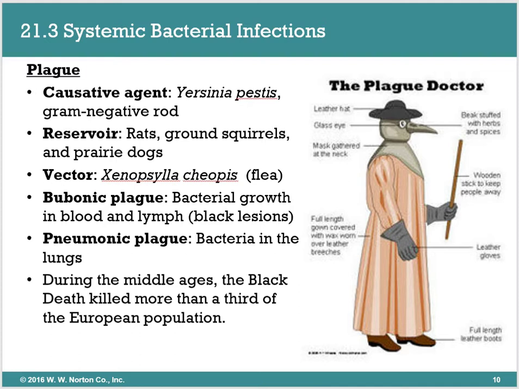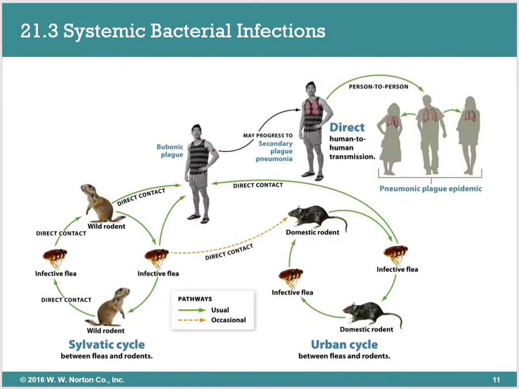Okie dokie. So here is a kind of pathway of how the plague spreads. Like I said, if you were to go into wildlife, the likelihood is that you're going to encounter prairie dogs and squirrels.